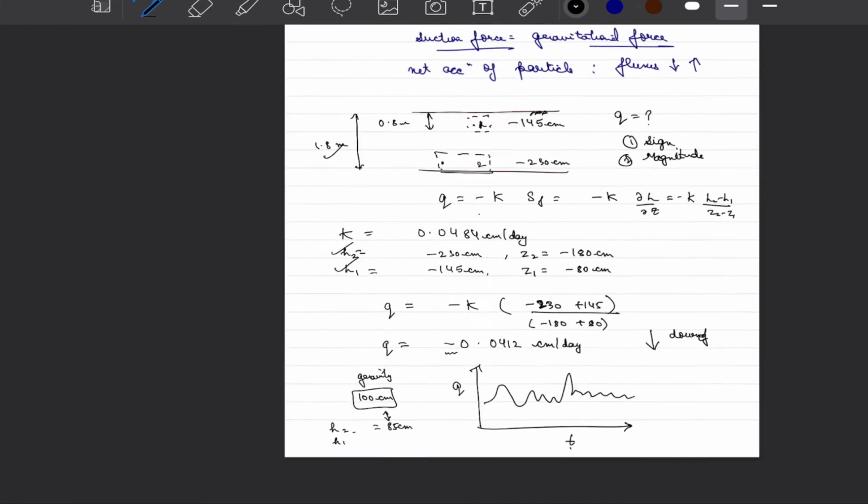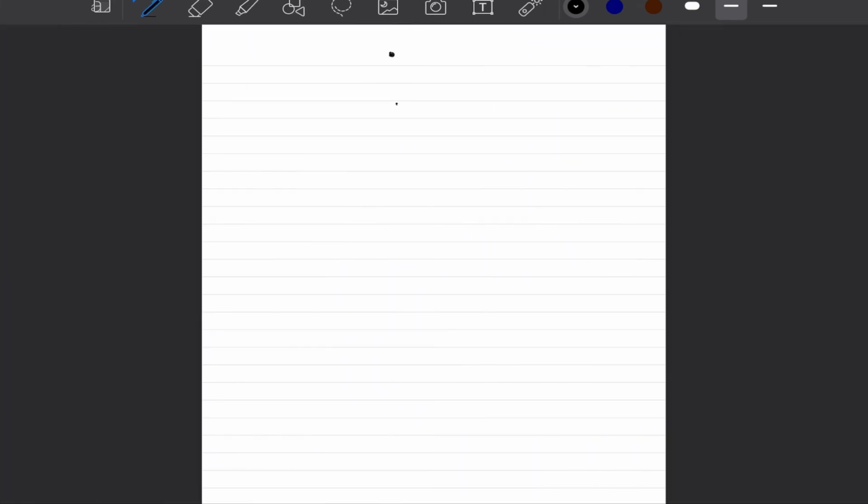Because if you just consider these two soil particles at 1 and 2, the elevation difference is 100 centimeter. Now, instead of using 100 centimeter, there is some compromise that has been made to this head that is available, which is now 85 centimeter.